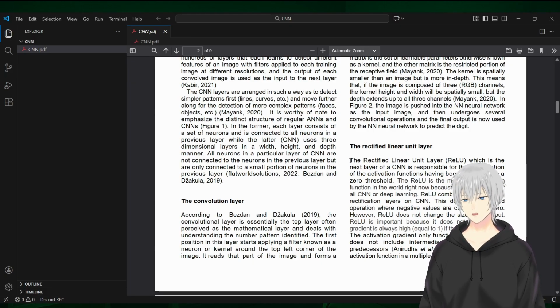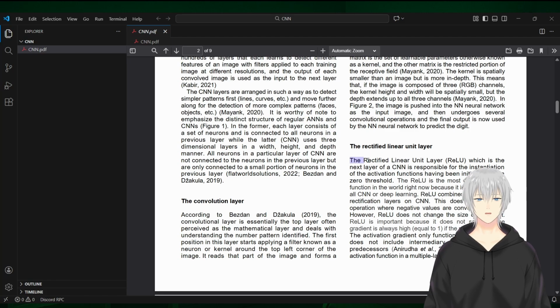The rectified linear unit, which is the next layer of CNN, is responsible for instantiation of the activation function, initially set to a 0 threshold.